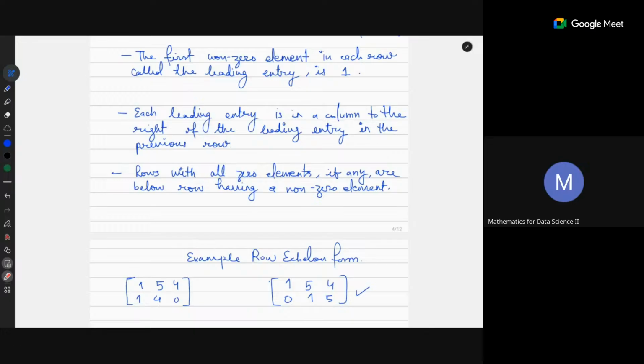Yes, Nitish. Sir, I think the first matrix 1 5 4, 0 1 5 and the second one are the same, because considering, for example, 1 kg of apple, 5 kg of mangoes, and 4 kg of grapes cost 20 rupees, 200 rupees, and so on. Let me stop you there. What are you going with that?